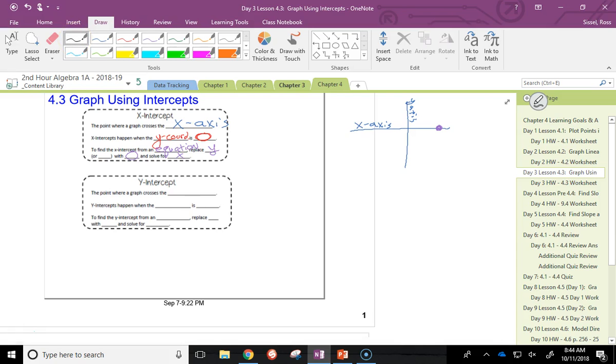So to find the x-intercept, here's what's going to happen. Here's my equation. I'm going to have y equals 2x plus 4. This is called our slope-intercept form. We're going to be learning and working with this a lot. But from here, if I need to find out where my x-intercept is, I'm going to replace y with 0.